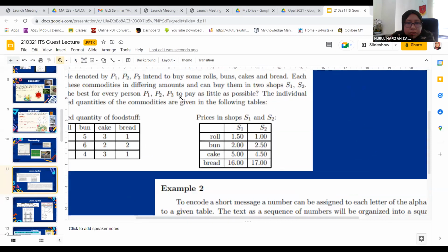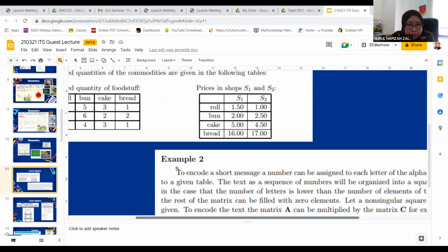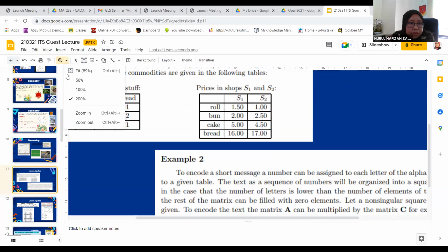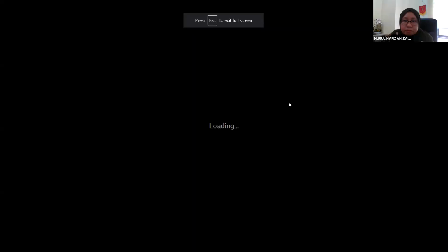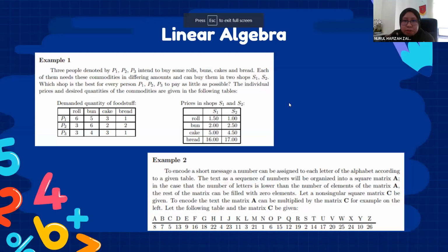Too big? So can you see my screen? Yeah. Okay.